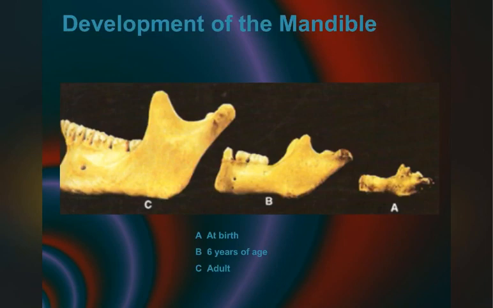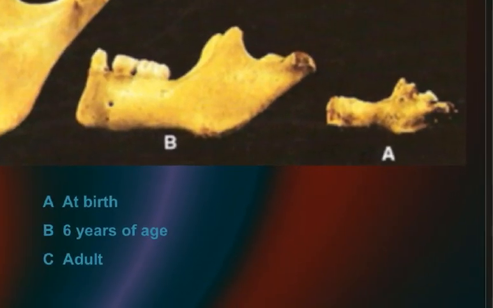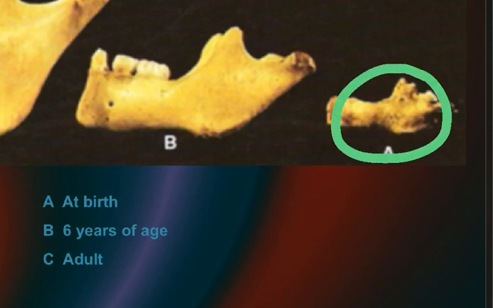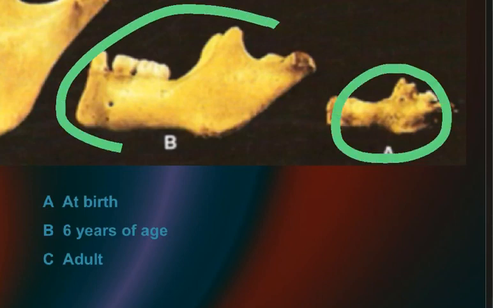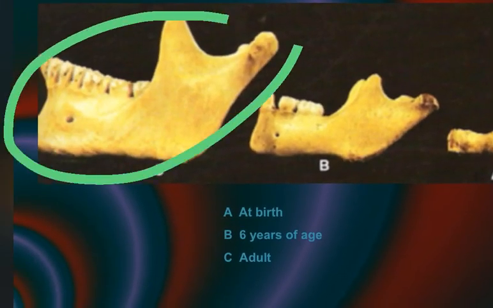Here we are looking at 3 mandibles at different stages of development. This is at birth. This is 6 years of age. And this is adult mandible.